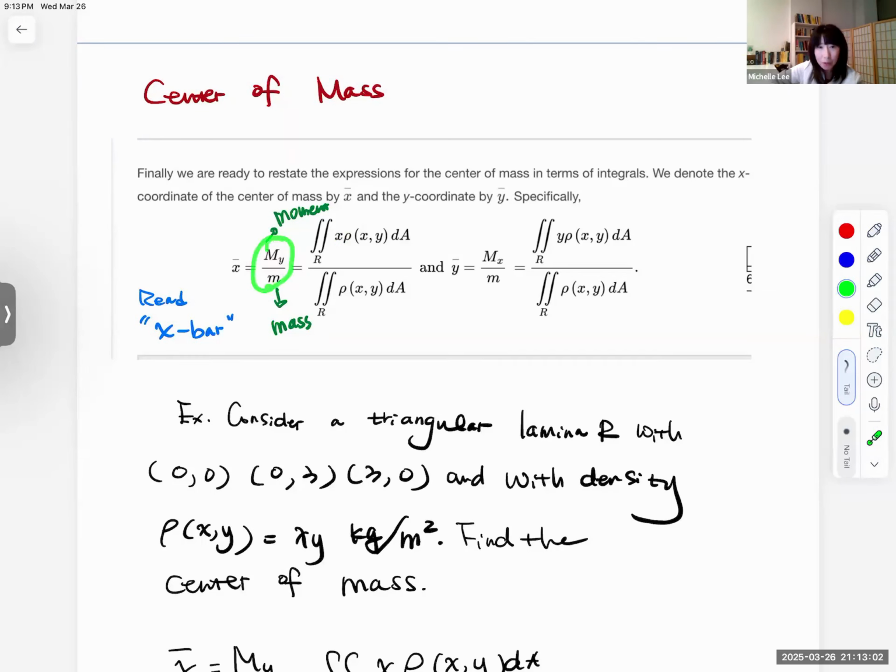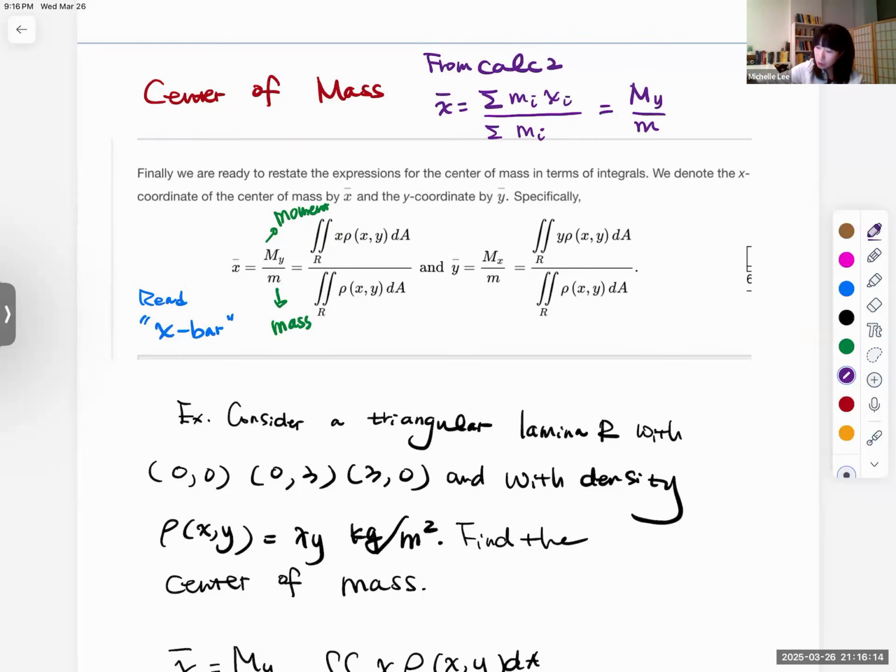This formula from Calculus 2, let me think about the formula. Okay, so I wrote down the formula from Calculus 2.